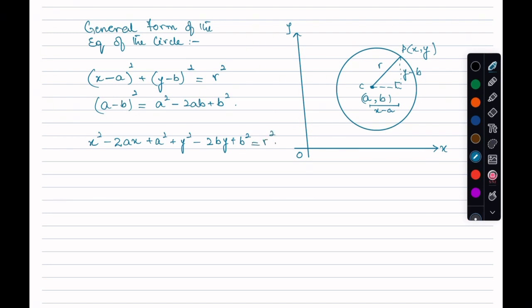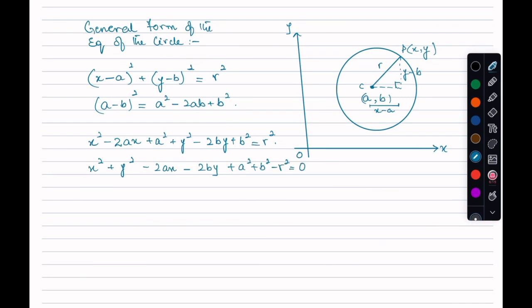So if I rearrange the equation, I can say that this is x square plus y square minus 2ax minus 2by plus a square plus b square minus r square, which is equal to 0.